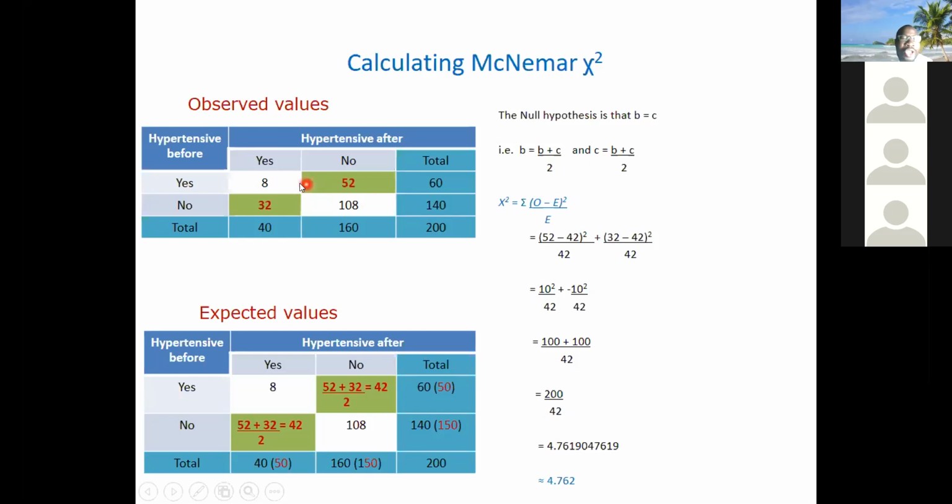If nothing changes, the null hypothesis is true, that there's no difference between the before and after measurement. What do you expect in the discordant cells B and C? What you expect is that the number that were hypertensive and became non-hypertensive should be equal to the number that were non-hypertensive and became hypertensive.